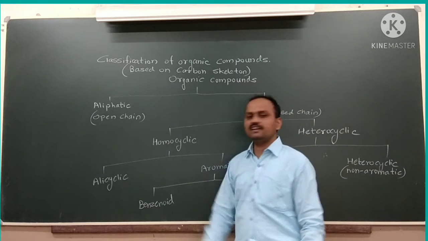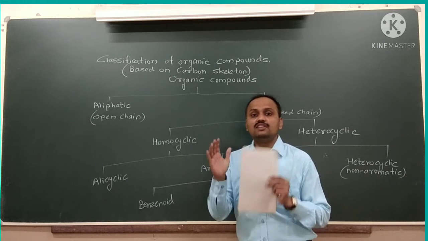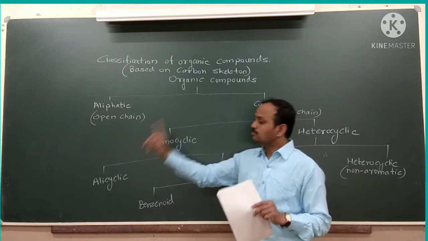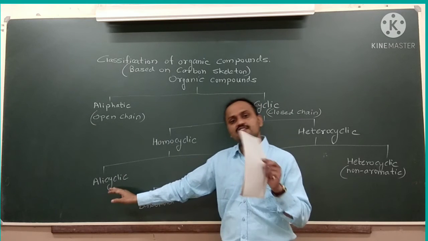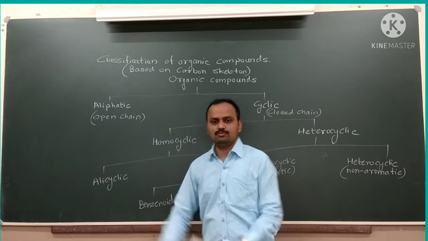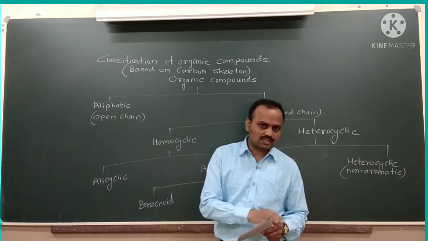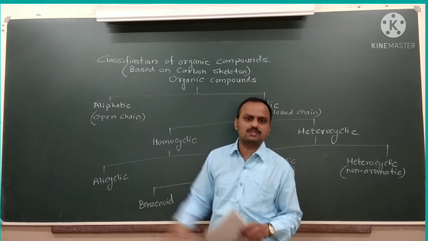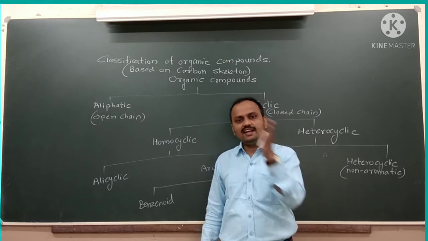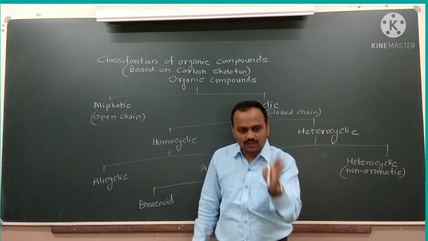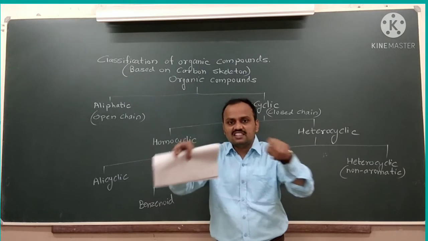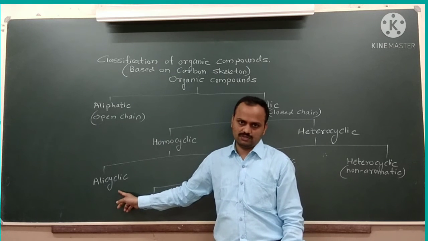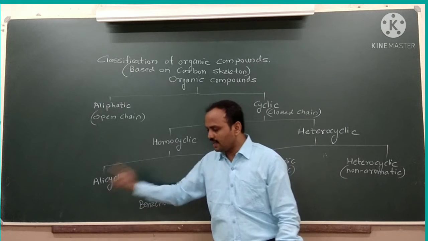Students, alicyclic compounds are actually closed chain compounds whose properties resemble aliphatic compounds. In other words, when you take the example of open chain or aliphatic compounds, when the first and last carbon are connected by a single bond, these alicyclic compounds are formed. We will see the example also.